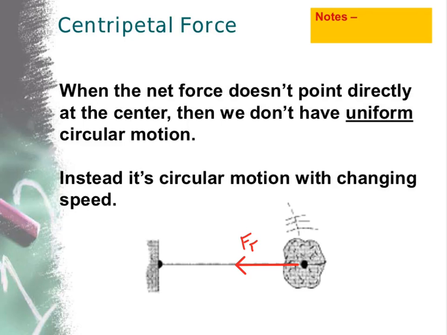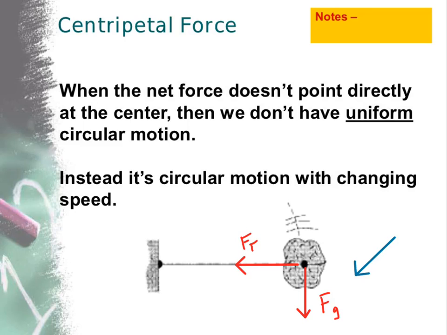And the other force that we have acting on it is gravity. So there are only two forces acting on this rock right now. And what that means is that the net force is going to be the vector sum of these two, and it's going to point probably in a direction like that.